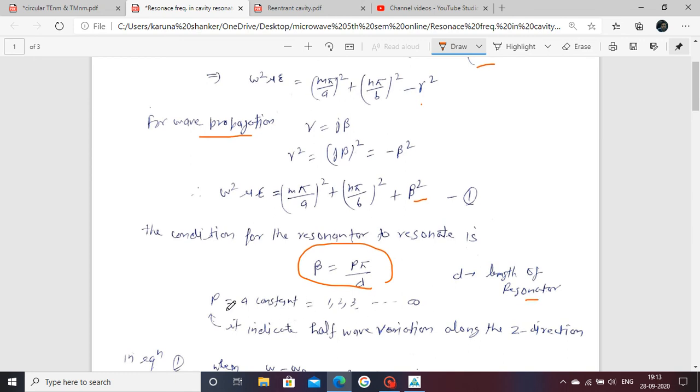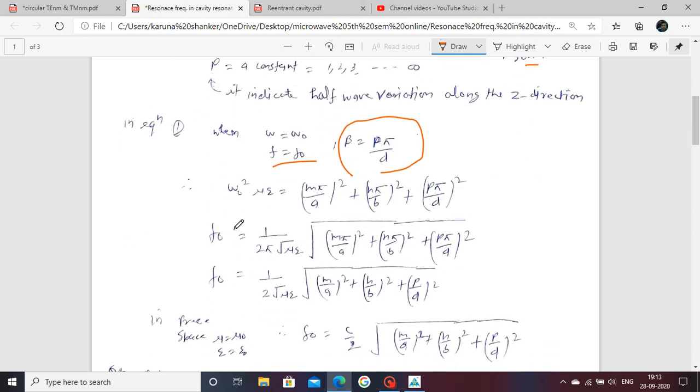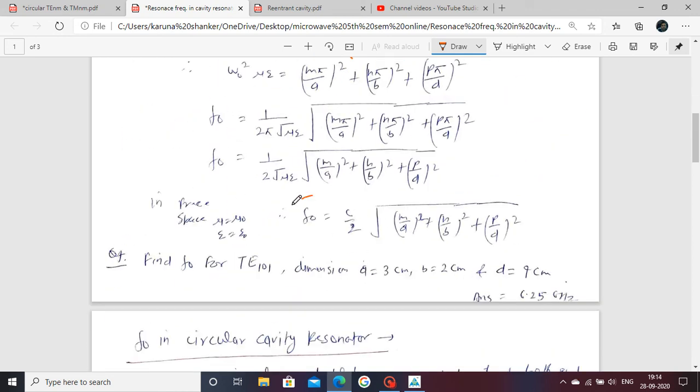In a similar fashion this indicates half cycle variation in the z direction. Now at resonance, omega is equal to omega naught, f is equal to f naught, and beta is put in. Arrange this in equation form, and this will give your resonance frequency of a rectangular waveguide.